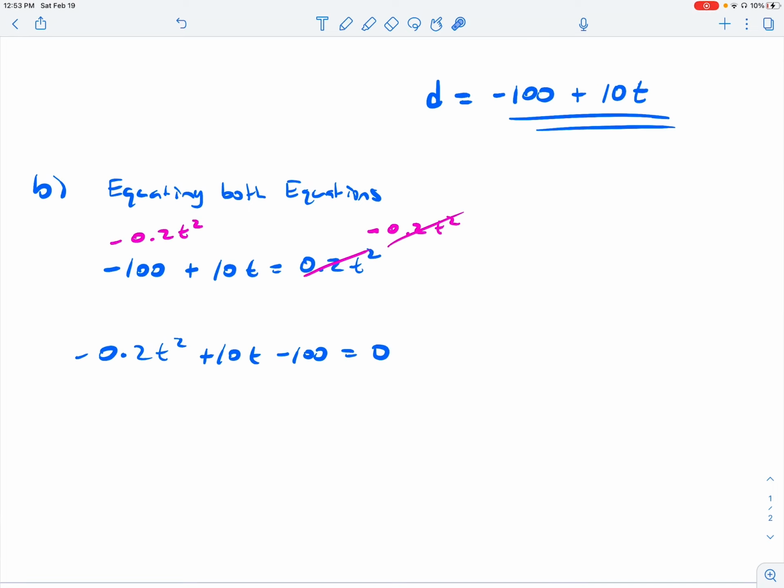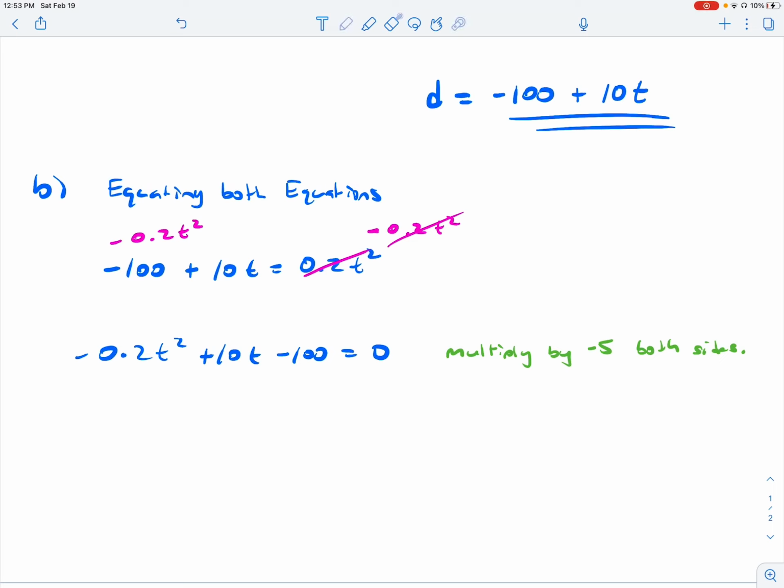Now we need to go ahead and solve this. Before I decide which one I want to do, I'd like to get rid of that negative 0.2. Why don't we multiply by negative 5? Multiply the whole thing by negative 5, both sides. Okay, we've got to do it to both sides.